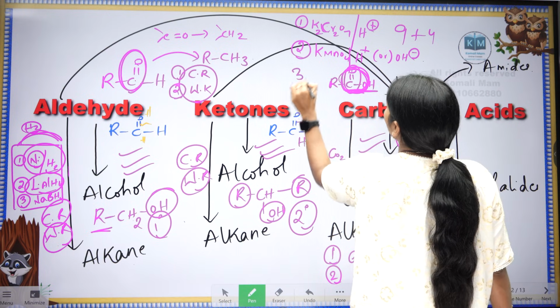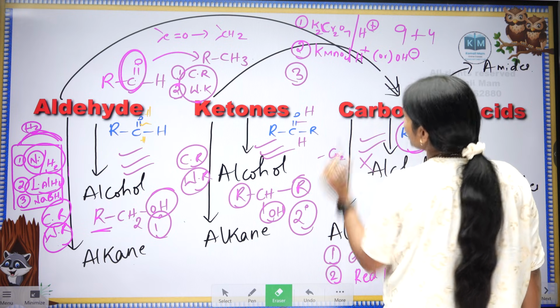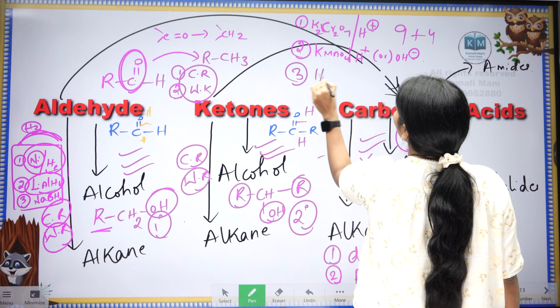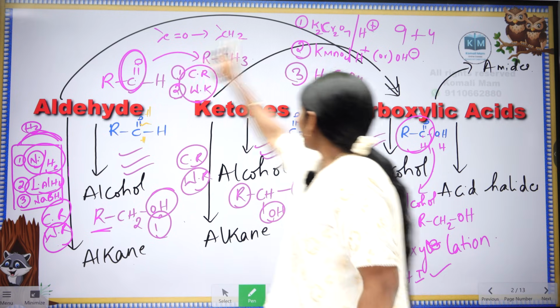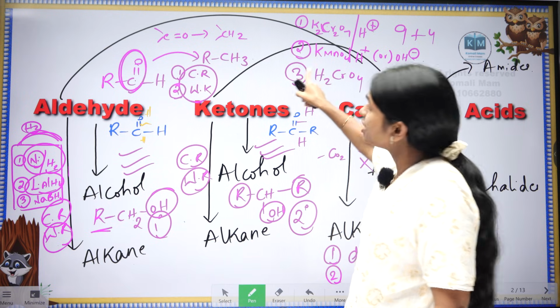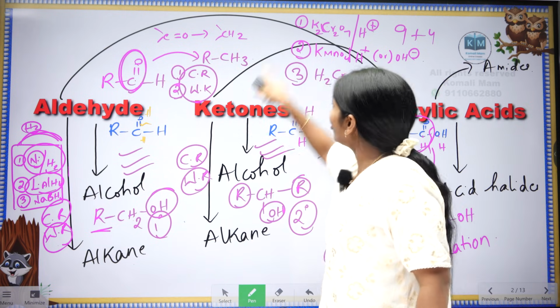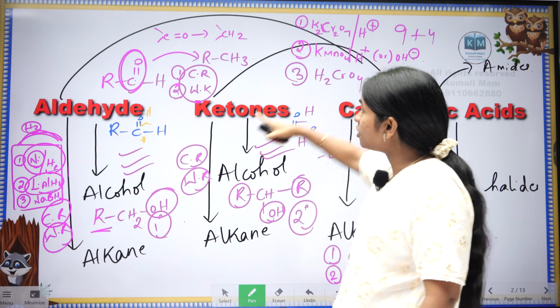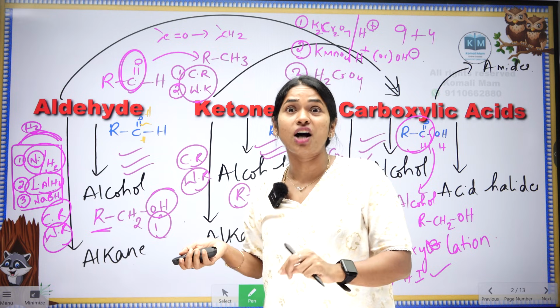Next, chromic acid, H2CrO4. So total, for aldehydes to carboxylic acid, any of these you can use. Either ketones, any one of these you can use and convert ketones to carboxylic acid. Okay, write it all down.